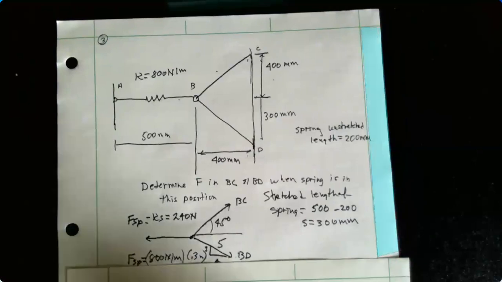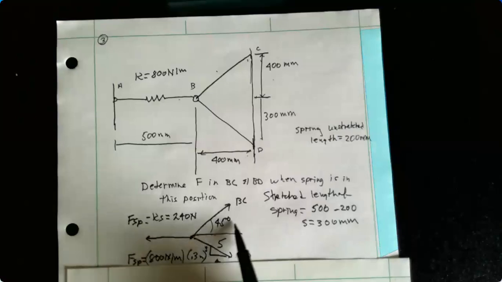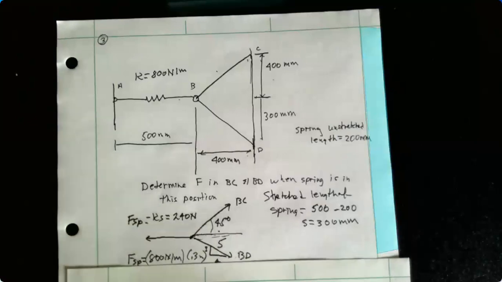Okay, we have this X component, which is the spring force, 240. We're going to have this X component of BC, and again, it's adjacent, so it'll be cosine of 45 degrees. And for BD, it's going to be positive x too, and using the slopes, it's 4 horizontal, 5 hypotenuse, so it's 4/5 of BD.